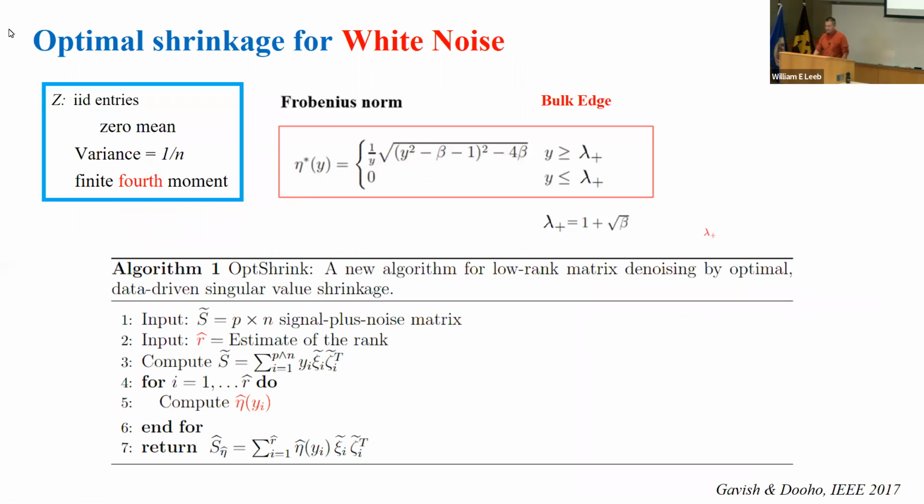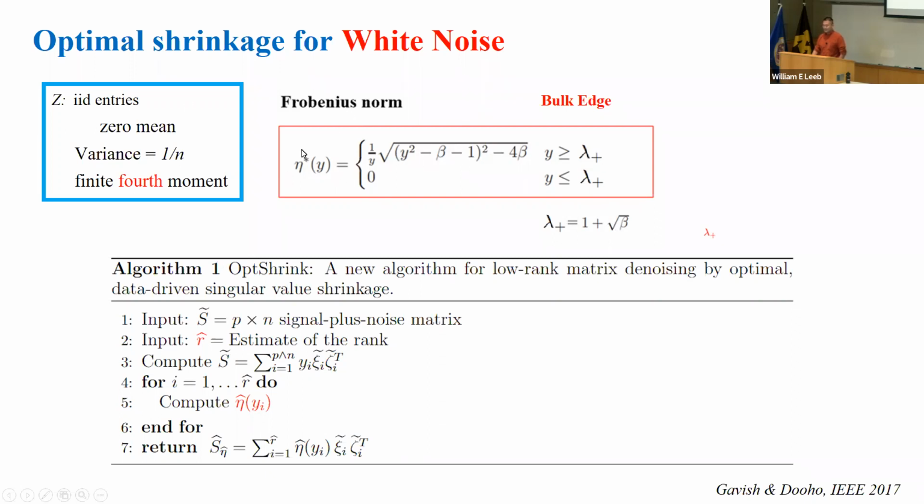And for the white noise situation, when the noise matrix has zero mean, variance 1/n, and a finite fourth moment, remember we have the Marchenko-Pastur distribution, so everything can be decided by beta. The optimal shrinker and the bulk edge can be determined by the beta value.